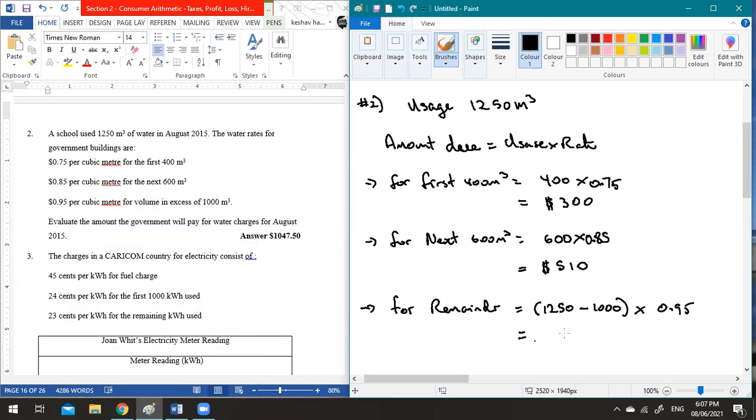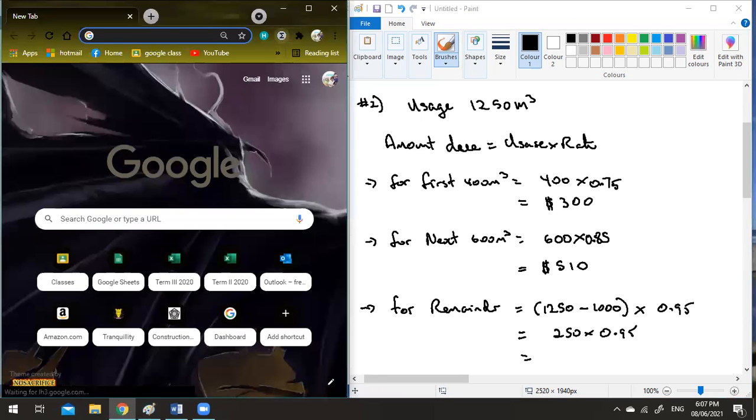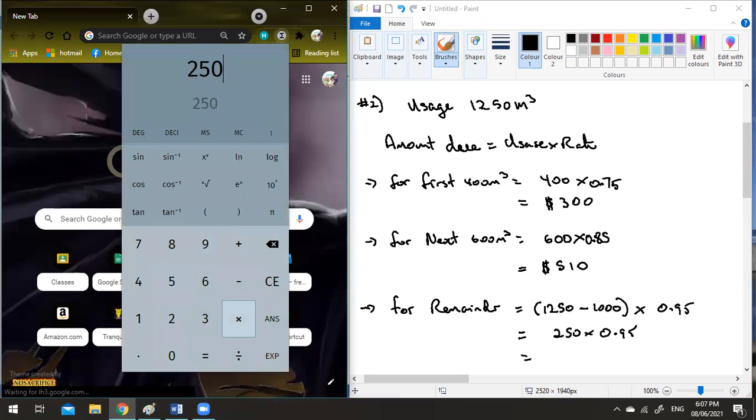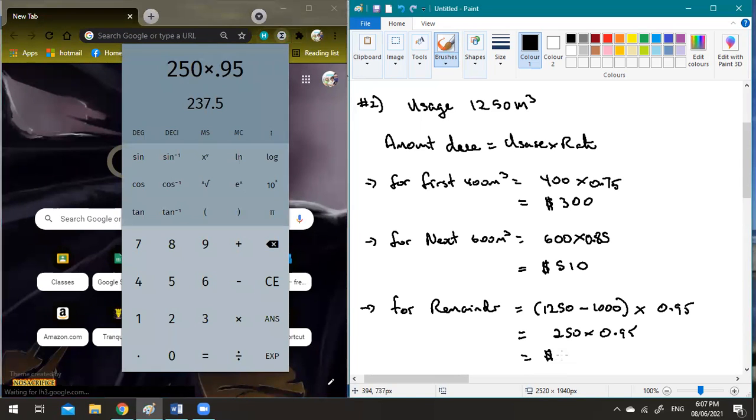So this is 250 by 0.95. 250 multiplied by 0.95 equal $237.50.